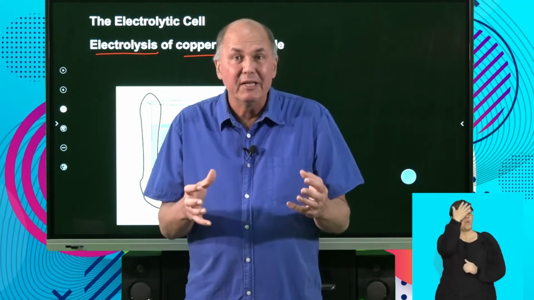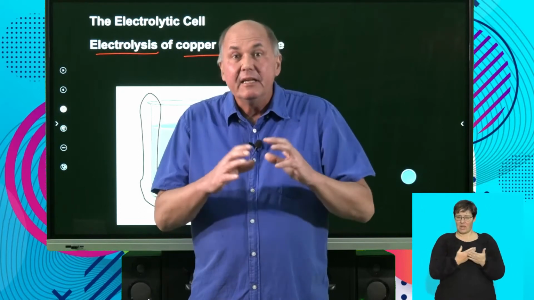I'm not going to dive into it in too much more detail because I know that you're very familiar with this. But it is a general principle that you can take a compound and separate it into its elements. And we can do this not only on a small scale in a school laboratory or even in a university laboratory, but we can do it on a massive scale in industry.